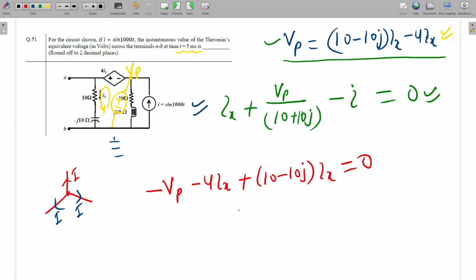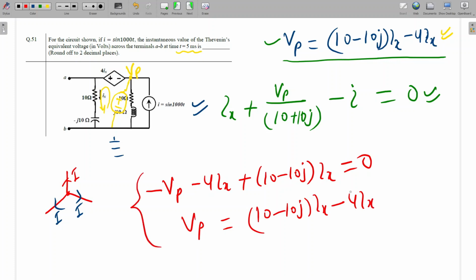Clear, sir. So here we can write Vp is equal to (10 minus 10j) into Ix minus 4Ix. Now it will be clear. Same thing I have written here. From here to here the voltage is this. Plus is coming here, so we have to subtract this one.